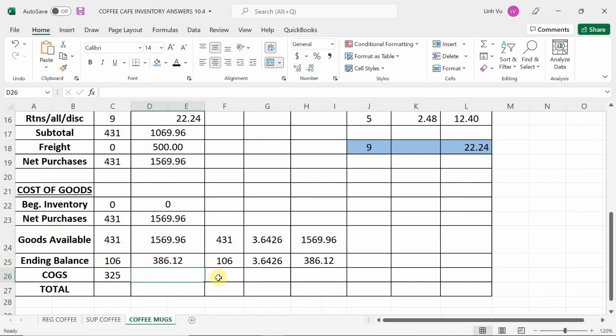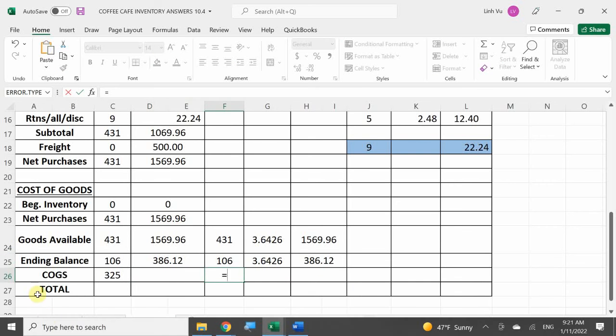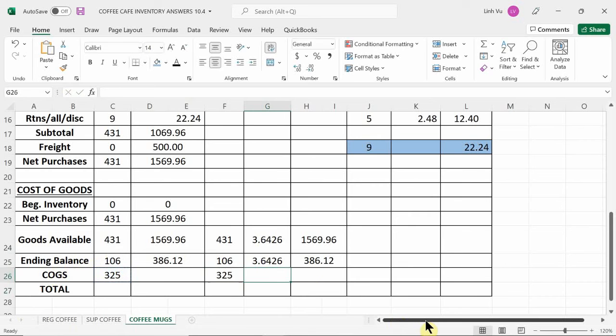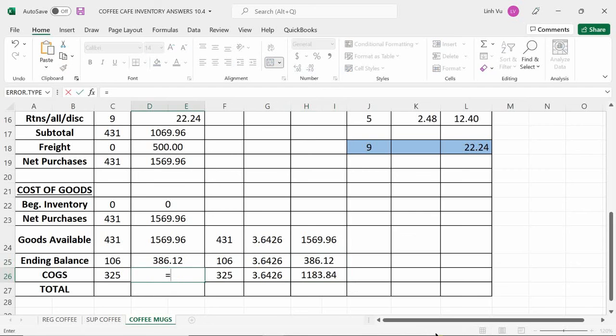Now you can go ahead and check this if you want, to see if when you calculate it, it is going to be the same. Or you can simply take, if you already solved for your ending balance, you know you have 1569.96 available, and I subtract out 386 and 12 cents, you're going to get 1,183.84 remaining.